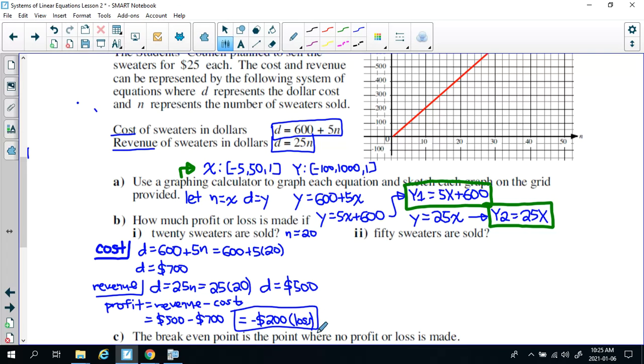So it's quite a bit more sweaters. We can do the same thing here. So the cost. Your cost equation is D is equal to 600 plus 5 times N. So you have 600 plus 5 times, now we're selling 50 sweaters here. Therefore, D would then be equal to 850.